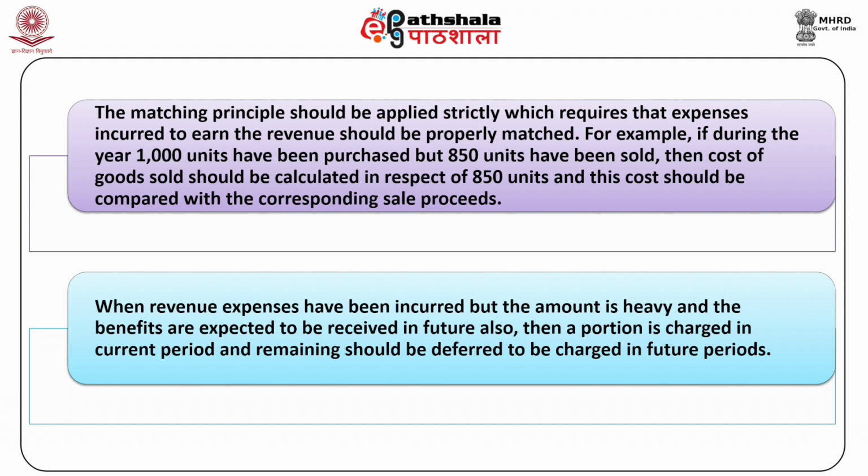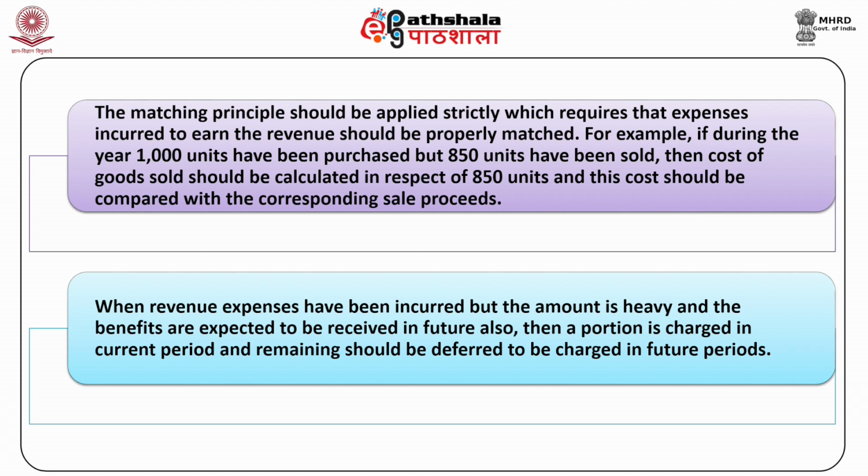4. The matching principle should be applied strictly, which requires that expenses incurred to earn the revenue should be properly matched. For example, if during the year 1000 units have been purchased but 850 units have been sold, then cost of goods sold should be calculated in respect of 850 units, and this cost should be compared with the corresponding sale proceeds. 5.